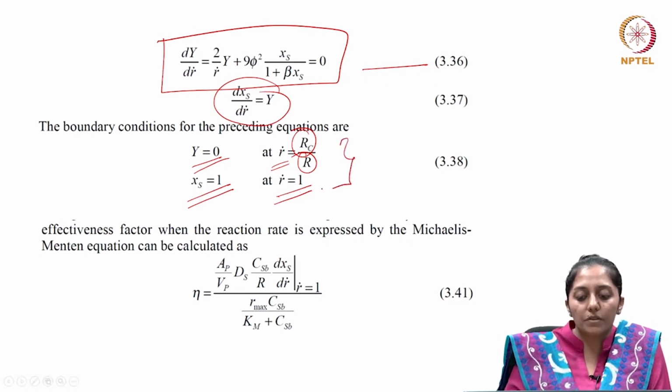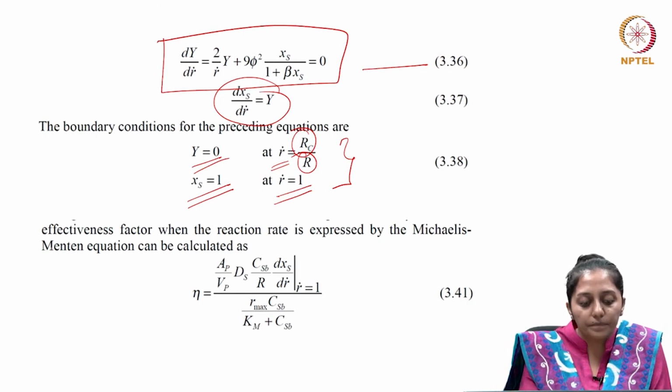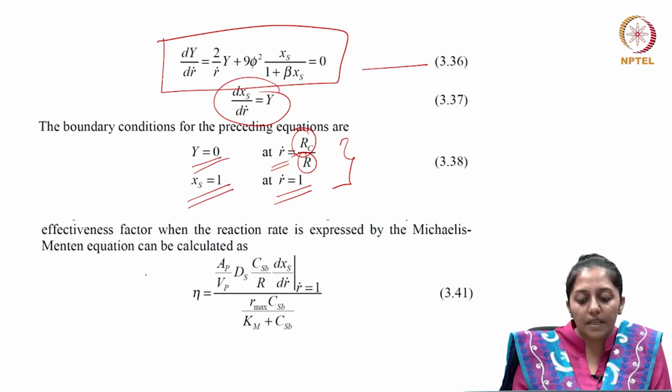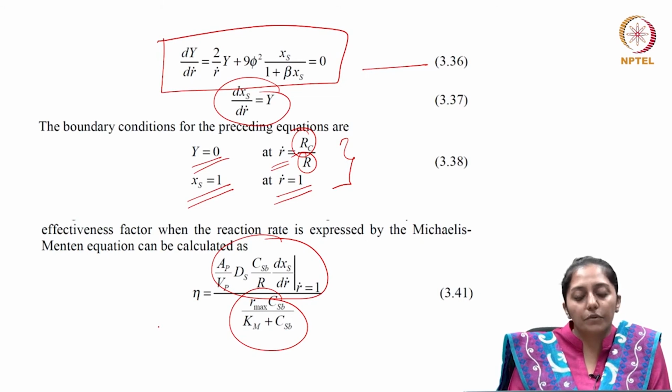So, the boundary conditions remain the same, it is just a change in the variables. And in this case, the effectiveness factor can be represented as the actual reaction rate over the reaction rate in the absence of any diffusional limitations.